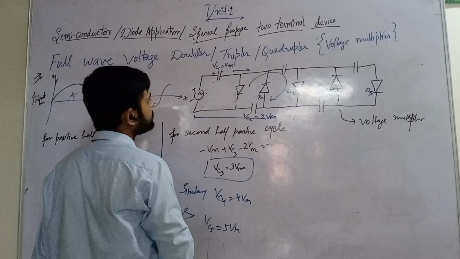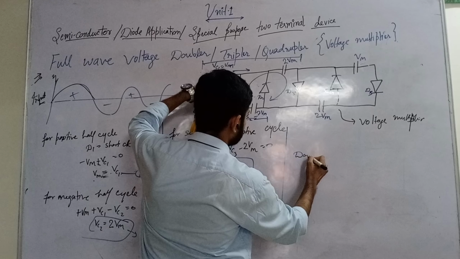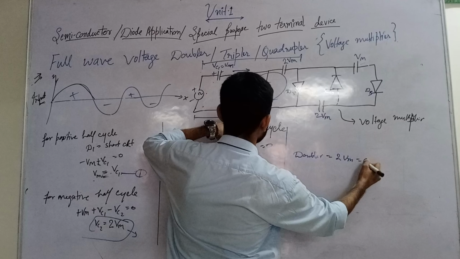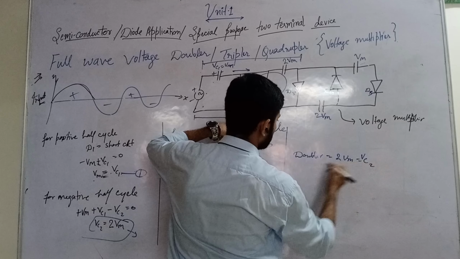From the tabular form, for the doubler the output is only 2Vm, equal to Vc2.